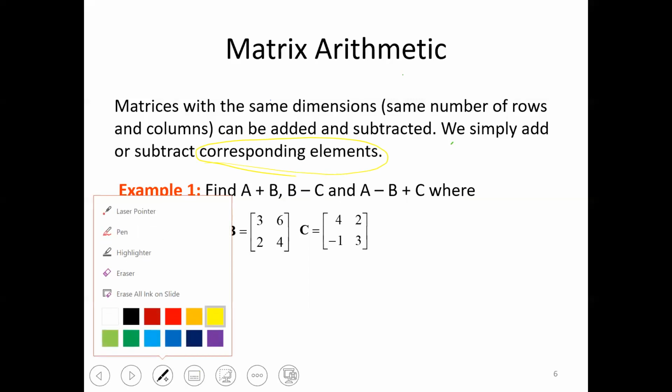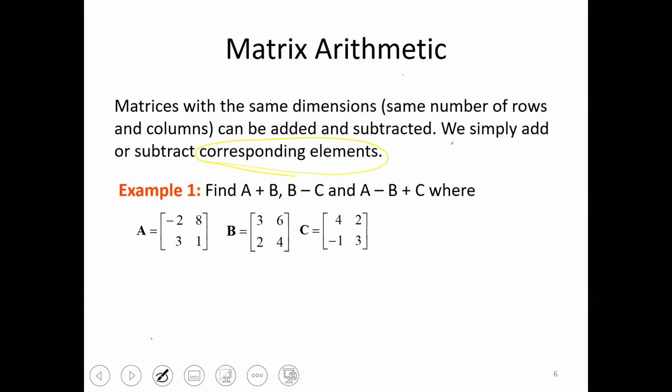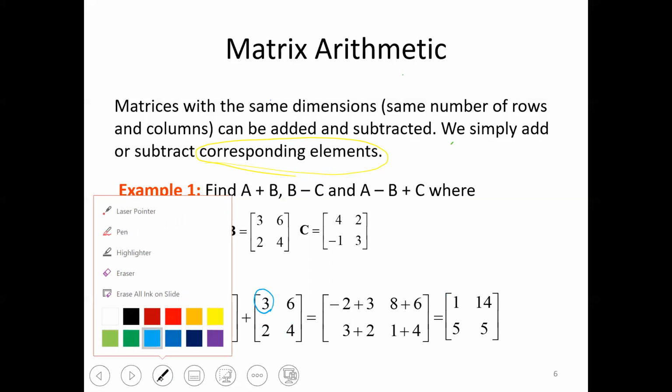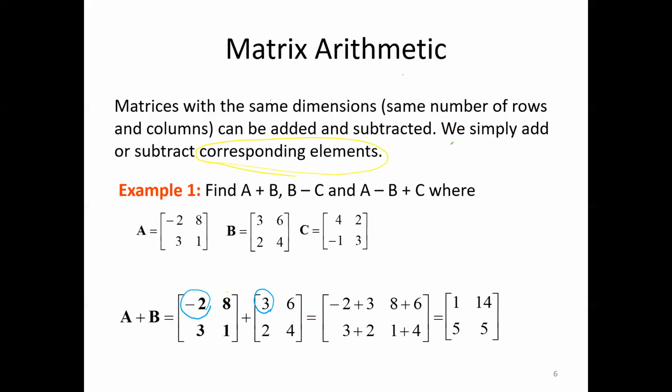I'll change the color of this pen, right? So, for example, A plus B here. This first one is A, and this is B. To find the first element of the result, we do -2 plus 3, and that gives us 1. The next one is 8 plus 6, and that gives us 14.